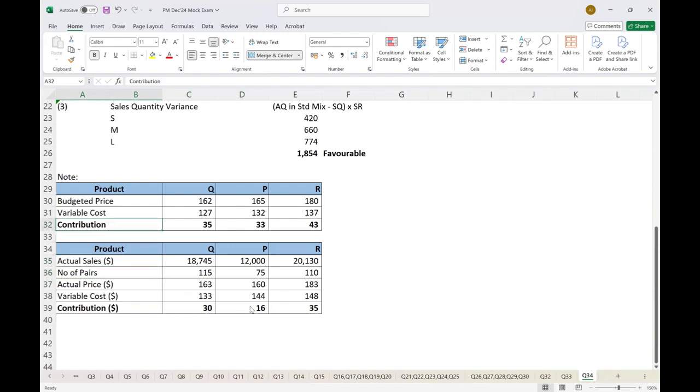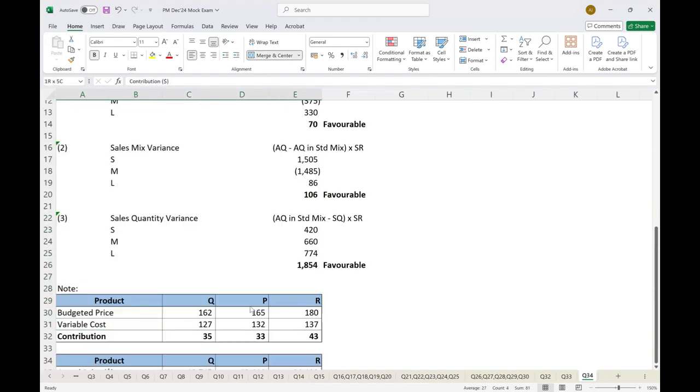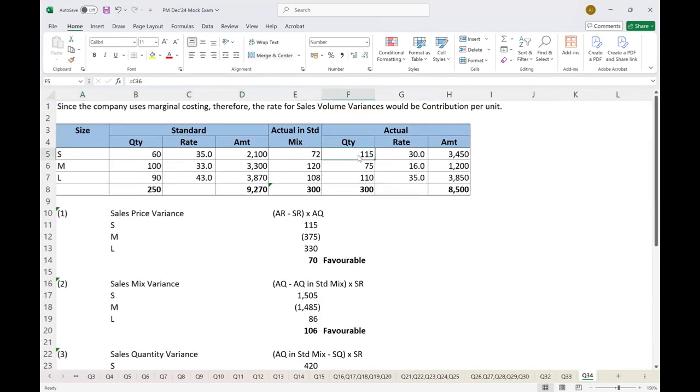This is budgeted and this is actual contribution. Now let's move up. So I have the quantity, I have the actual contribution. So can I calculate the actual amount? 3450, 1200, and 3850. So this was pretty simple, right? I just did the table preparation for the standard and the actual part.